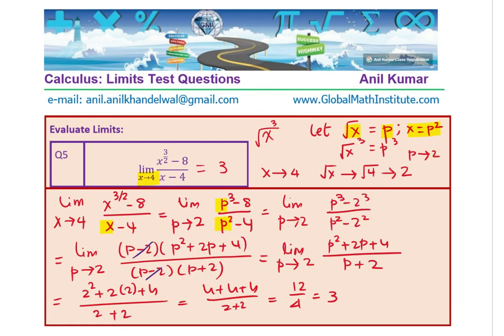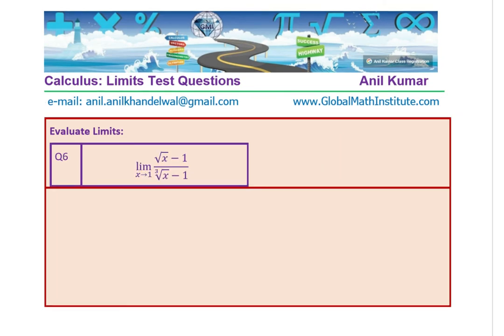Is that clear to you? Let's try to understand this method of change of variable. Extremely powerful technique. I hope this is absolutely clear. Now, can you pause the video, answer this question and use this technique of change of variable?